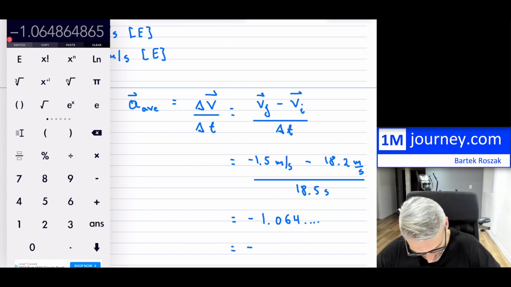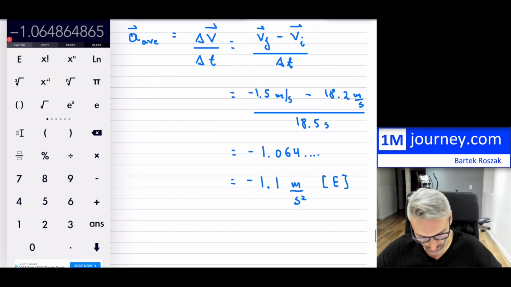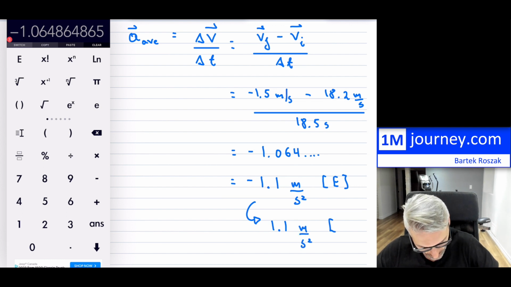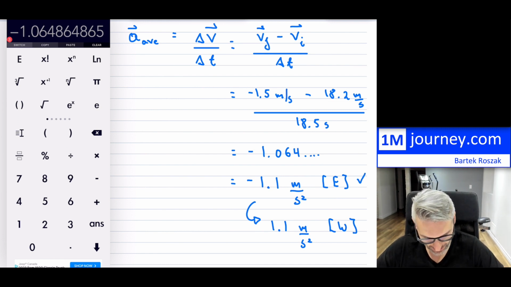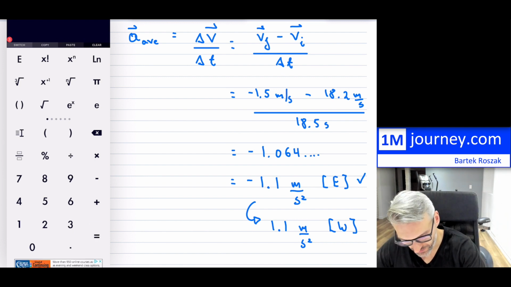So I'm going to write negative 1.1 meters per second squared. Notice that second and second will be second squared, and this is with regards to east. If you wanted to change it back into west, this would be 1.1 meters per second squared west, which gets rid of the negative for you. So there you go, that's what you have.